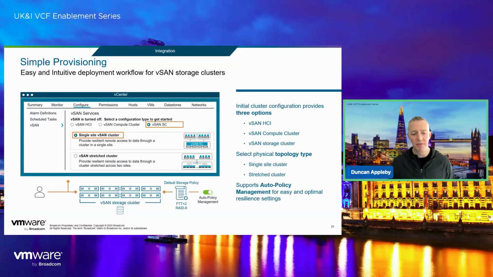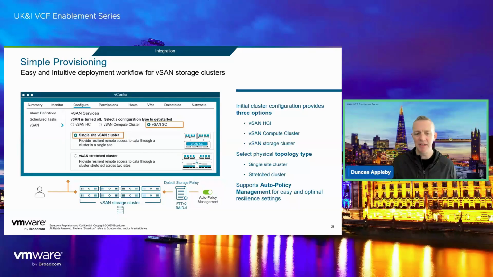One of the things you can see in the bottom half of this diagram is auto policy management. And I would very much encourage you to enable this. What this means is that if we start with a small cluster, perhaps of 4 hosts, vSAN will automatically choose the most appropriate storage policy for that cluster. In this instance, perhaps RAID 5. As we add more hosts to the cluster, we can have more efficient ways of storing data.